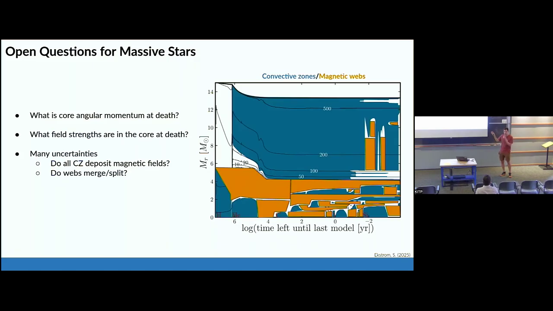So even if you were to initially deposit a web that has both very small scale structure and large scale structure, it'll take a while for that small scale structure to ohmically dissipate. So in principle, these could be messy webs. Alternatively, maybe as a convection zone recedes, you only deposit the large scale fields, and then maybe it's more organized. I think that's a very open question.